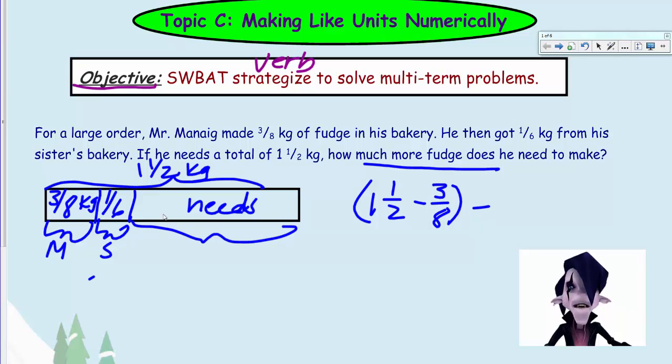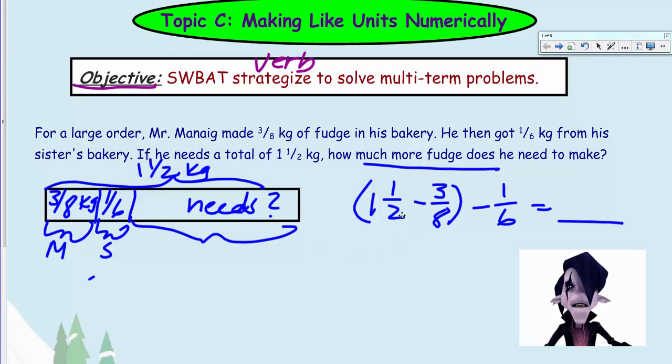But I'm also going to be subtracting the 1/6. This is how much he needs in total. This is how much he's made. This is how much he got from his sister. So how much more will he need? What we're determining is our question mark, so make sure that's clear. Of course, that's going to equal whatever that amount is.